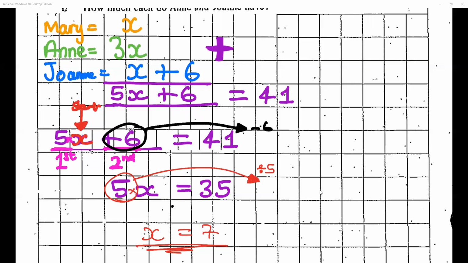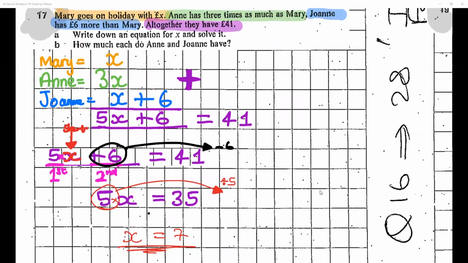Okay, x equals 7. So what is the value of Mary? How much money does Mary have then? £7. So Mary has £7. How much does Anne have now? £21.